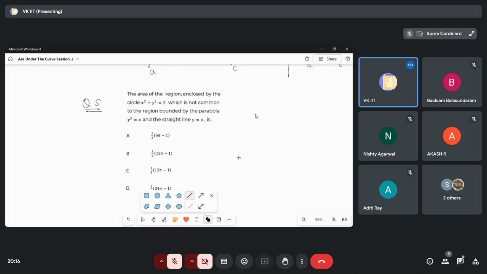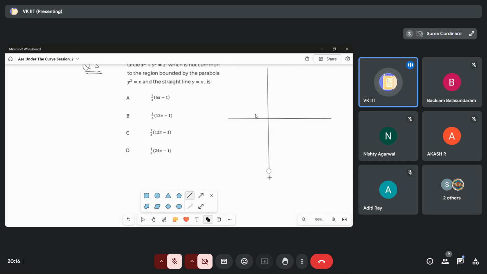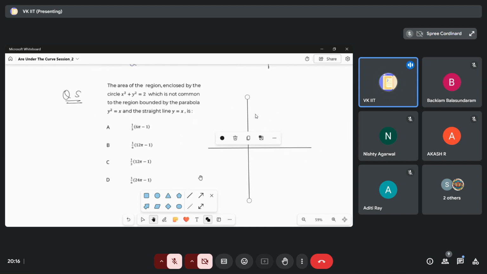I didn't know that these tools are given here also. I forgot about these tools. Okay, then there's a circle, right? Circle is given. So let's draw the circle.